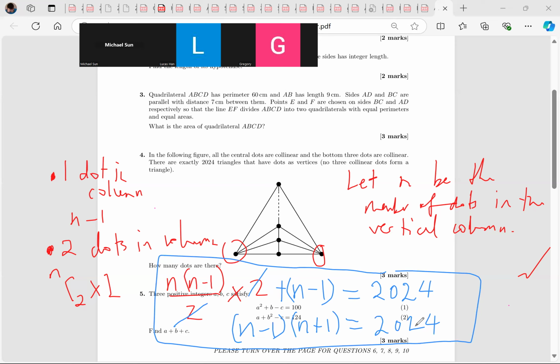I think you could also factorize this, right? One good thing is the other question already had a factorization, so you actually had to factorize it. What is it, 8 times 11 times 23, right?